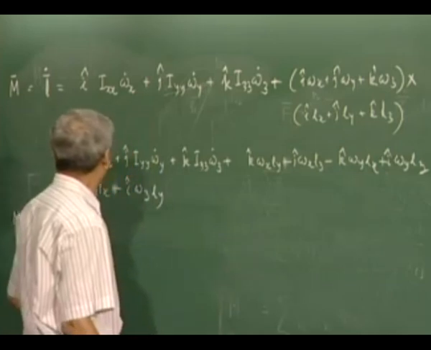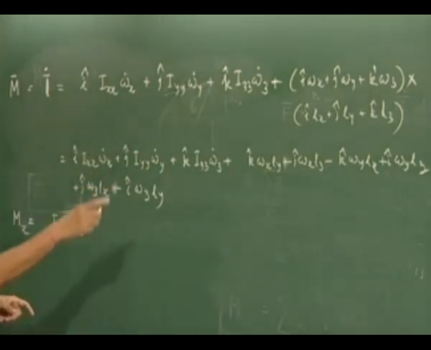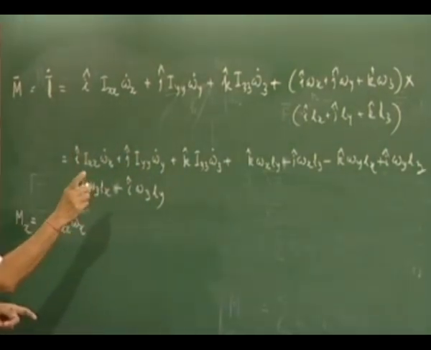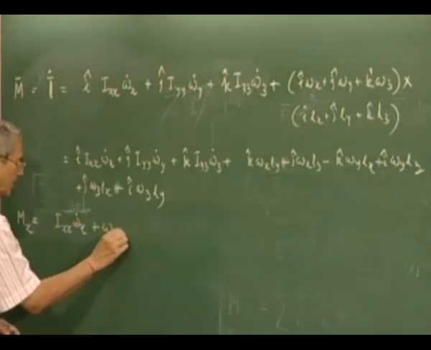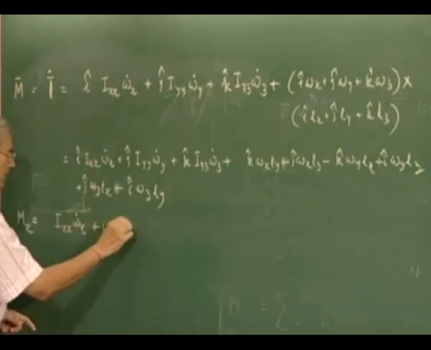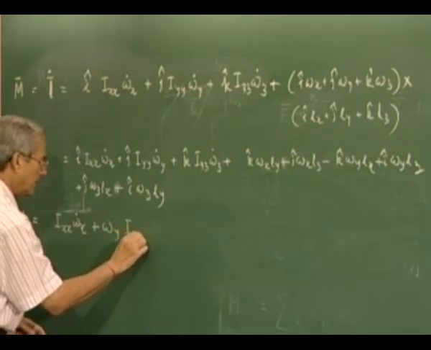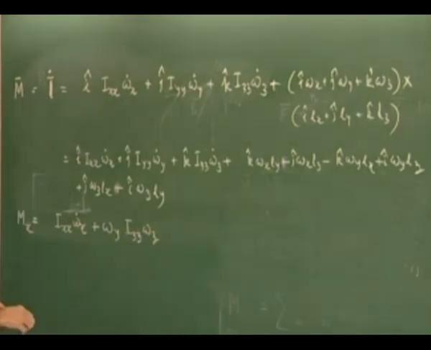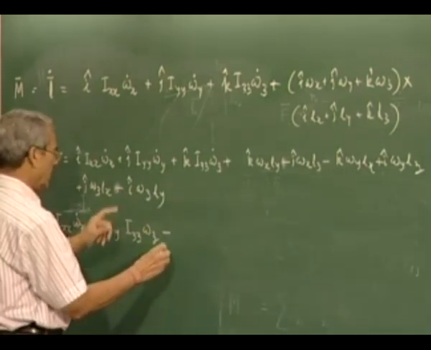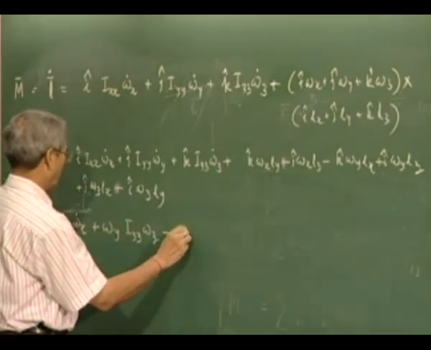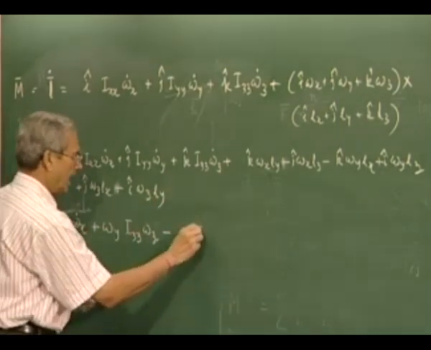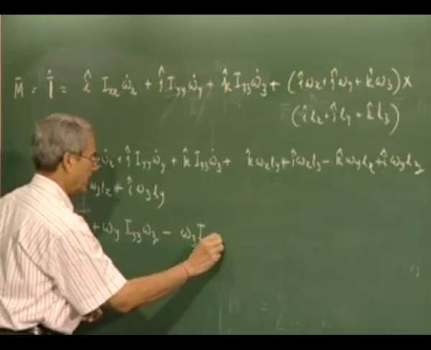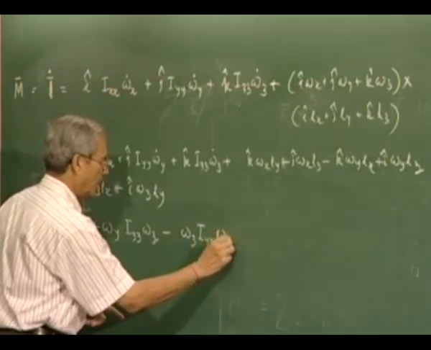plus omega y Lz. Now Lz is nothing but Izz omega z, and the other term is this minus omega z, Ly is Iy omega y.